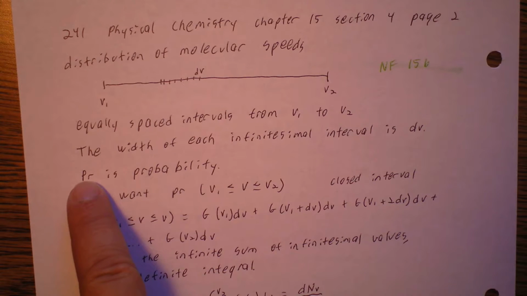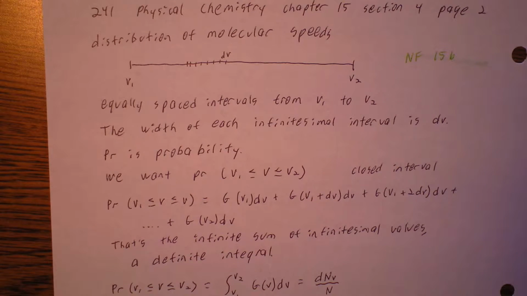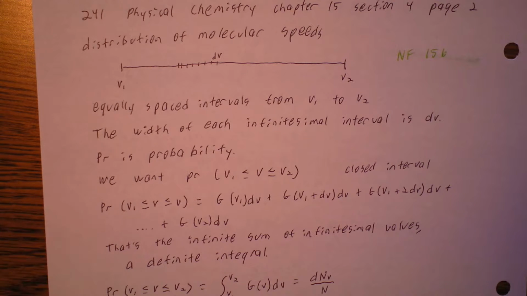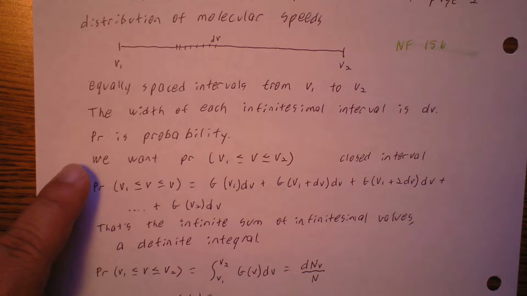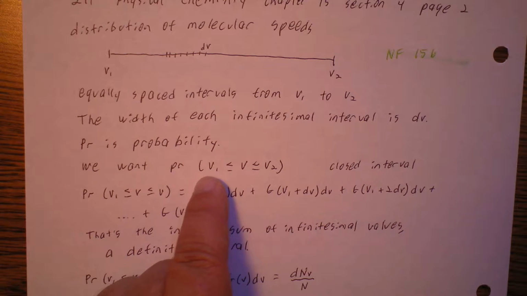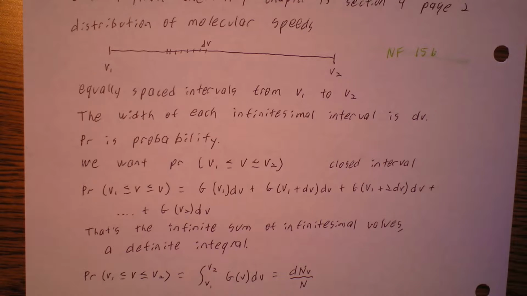Now we're going to say capital P is probability. That's not the way they do it in math, but we already used P for pressure and so on, so we need something we can recognize. So we want the probability that the speed of our molecule is between or equal to speed 1 and speed 2. Now this is a closed interval.